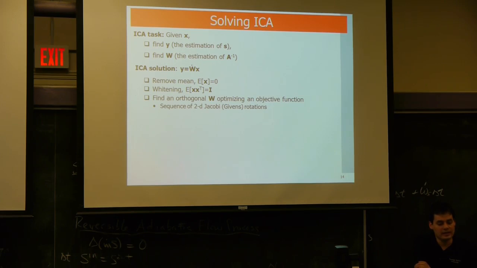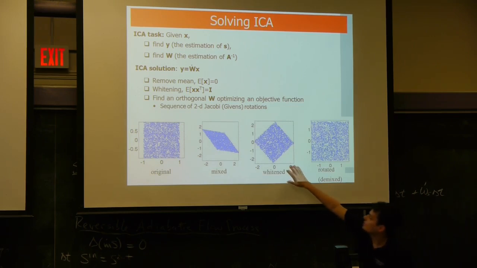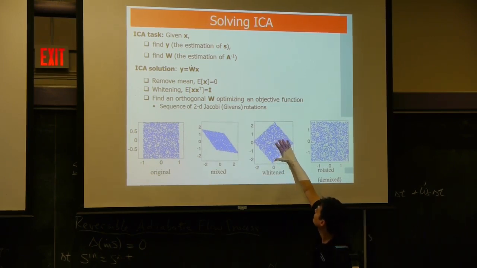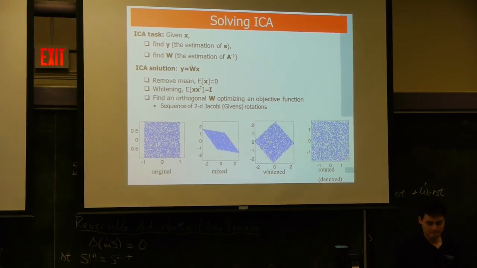And now all we need is to find an orthogonal W that will minimize the objective function, say the mutual information. Right? So after this, we just need to find an orthogonal matrix that would rotate this back to this.